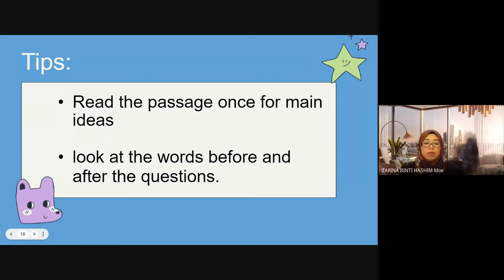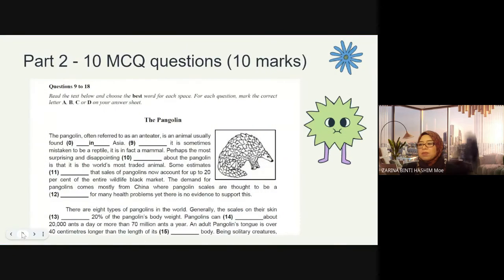First, of course, you have to read the passage once for main ideas. That means you have to know what the text is about first. Number two, look at the words before and after the blanks. Let's say you have the blank here, for example, number nine.